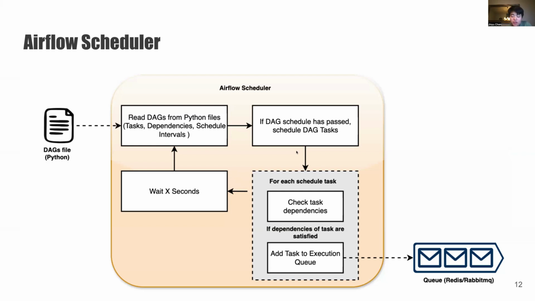If you have a schedule, it will run it for you. If you have already passed the schedule, it will determine the next execution date. Then it checks the task dependencies, and once it has checked the dependencies and schedule information, it sends the execution to the queue.